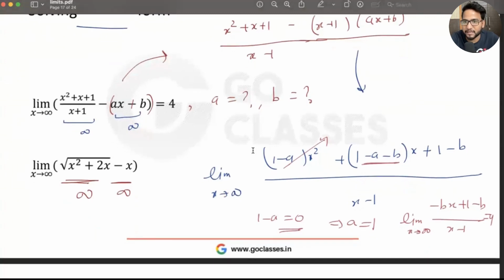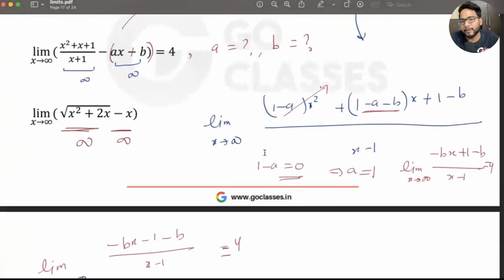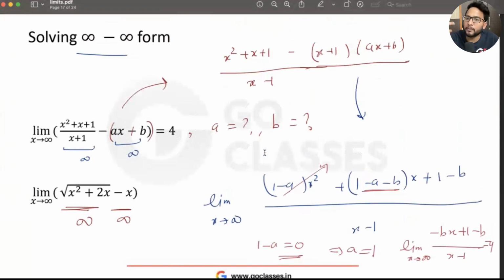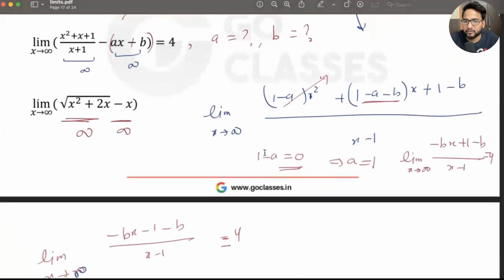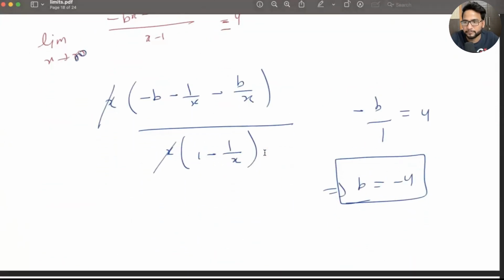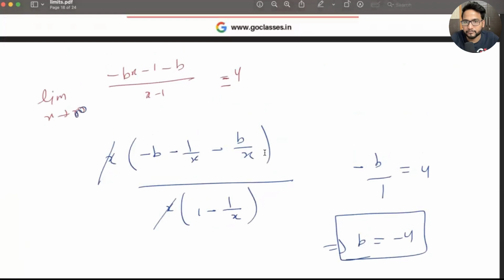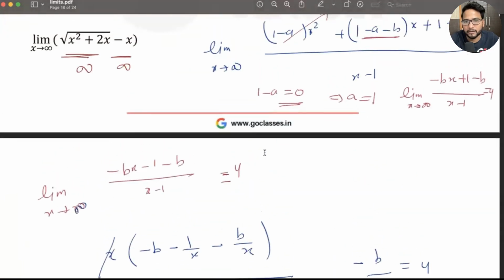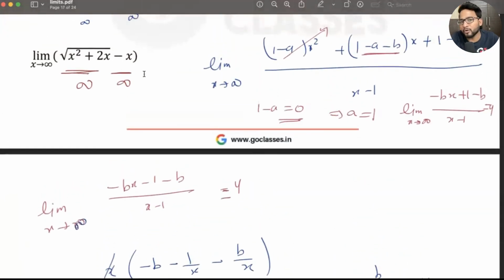You can take the LCM and then convert this infinity minus infinity to an infinity upon infinity form, or 0 upon infinity, infinity upon 0, or something like that. Somehow you need to convert this infinity minus infinity into another form.